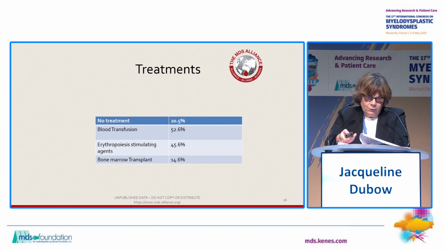So in terms of treatment, 52% of respondents are going through blood transfusion, 45% through EPO, and 14% went through a bone marrow transplant. 20% don't have any treatment.